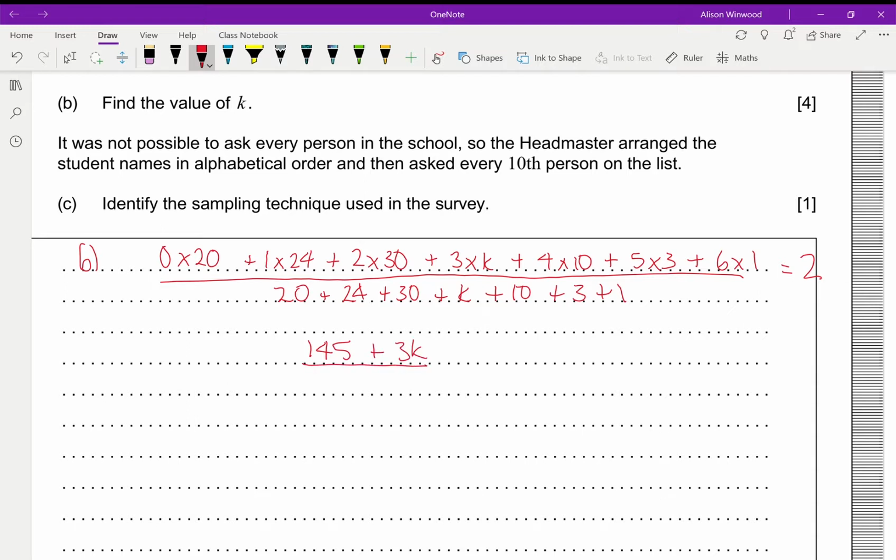Simplify the bottom, we get 88 plus K. That equals 2. Solving that equation gives me K equals 31. Asking every 10th person is a systematic way of approaching it, so it's called a systematic sample.